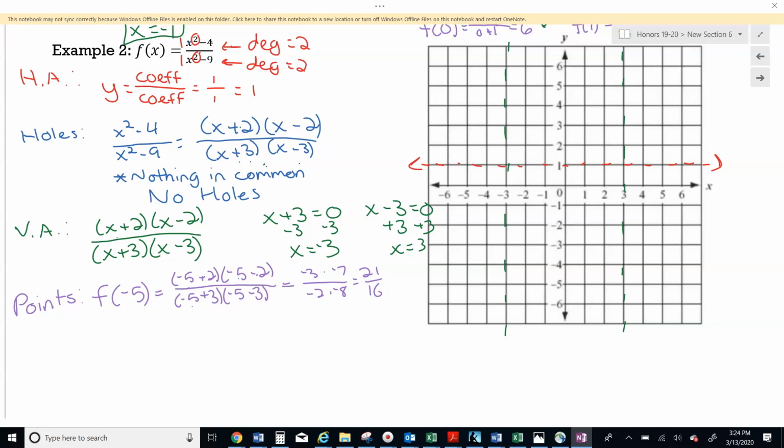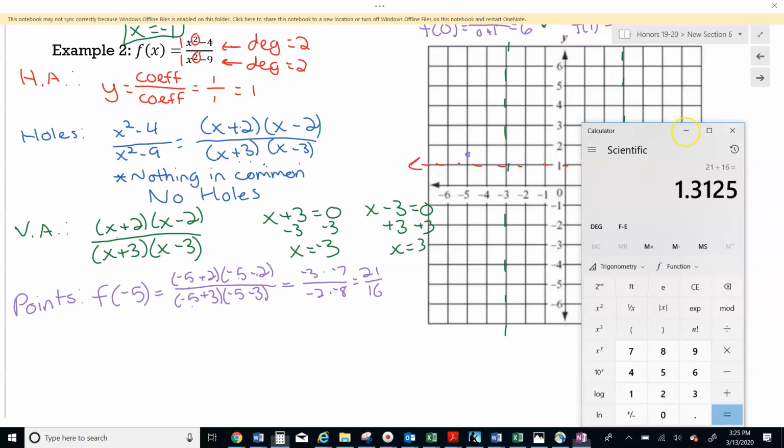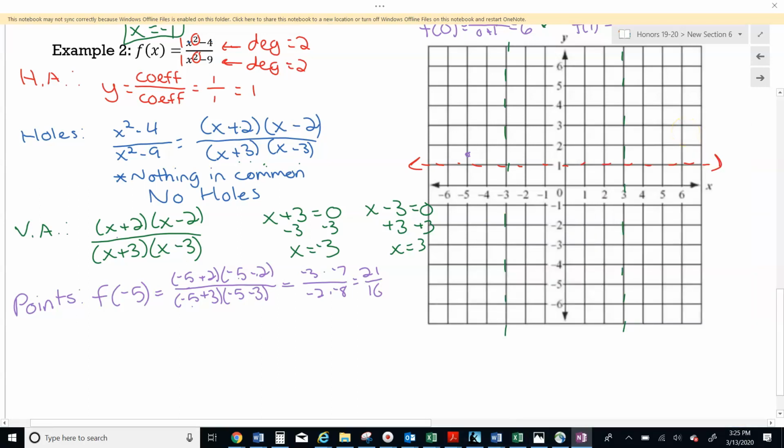I know that's right in between 1 and 2. So it's positive, right in between 1 and 2. Again, you can feel free to use a calculator. I'm just using what I know about fractions, about 1.3, so it's between 1 and 2, close enough.